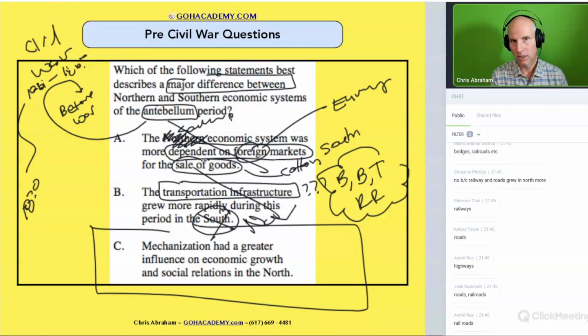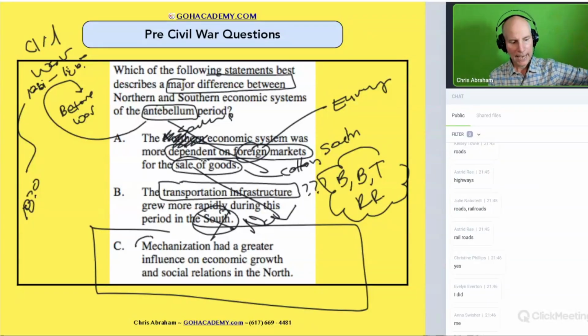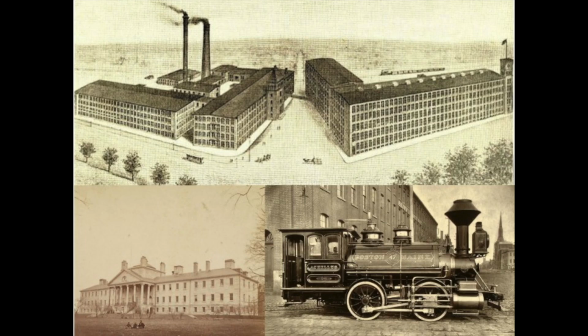So that brings us to our last one. Mechanization or industrialization had a greater influence on economic growth and social relations in the North. Who got this one right? I get that mechanization is like industrialization, and I understand how it had an impact in the North, but what's this social relations?